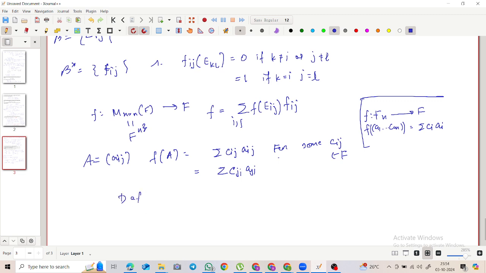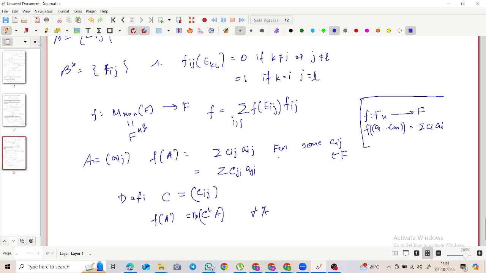So define c as c_ij, isn't it? So then we get f(A) is trace of c transpose A, right? For all A. Now it is done. Understood? So that's the key.